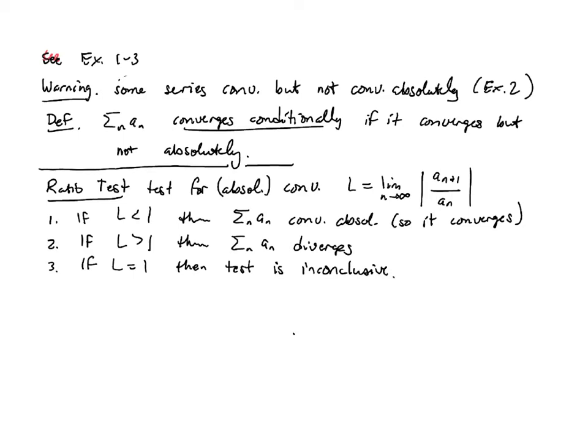So this is like the situation that we saw previously when the test for divergence is inconclusive. It means that you have to try something else. Okay?